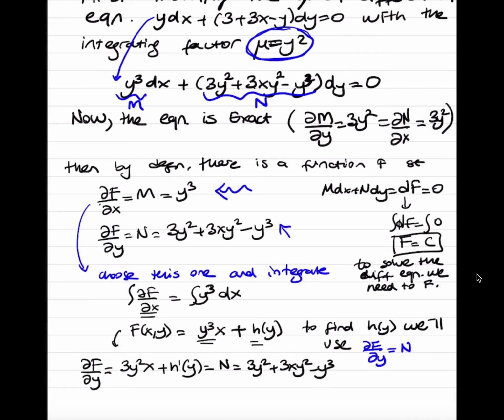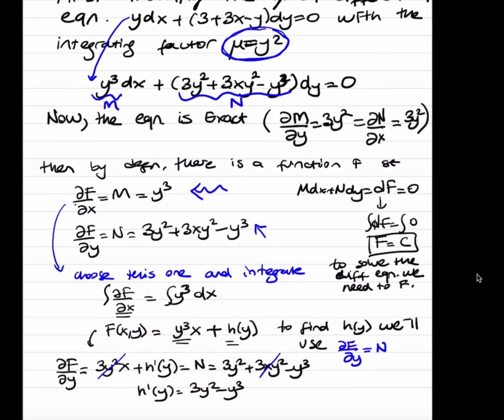Now we can do some cancellations and find h prime of y as 3y square minus y cube. Okay, I will continue to the other page.